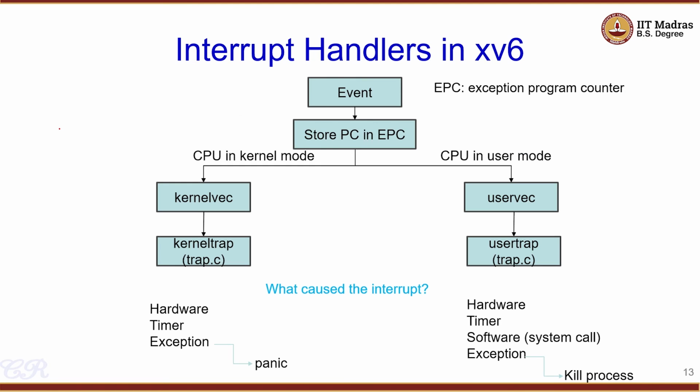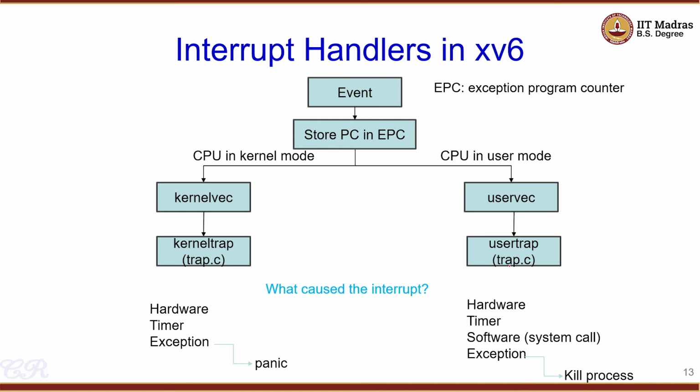So using the scause register, usertrap identifies whether it was an external interrupt, a timer interrupt, and so on, right.